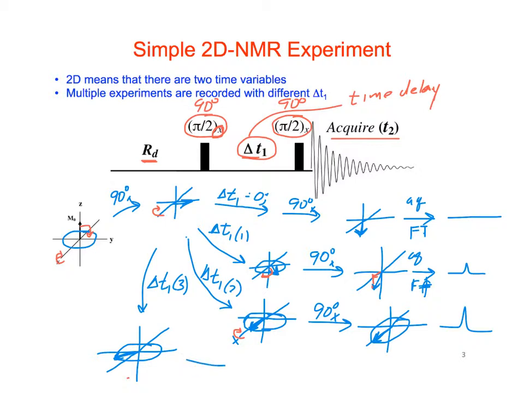And so when we do our second 90-degree pulse, it's going to rotate around here. And so now it's going to rotate up, right? Because we're rotating clockwise each time.